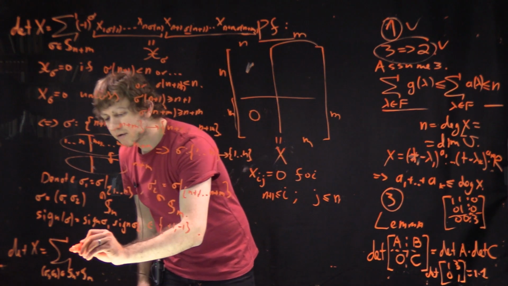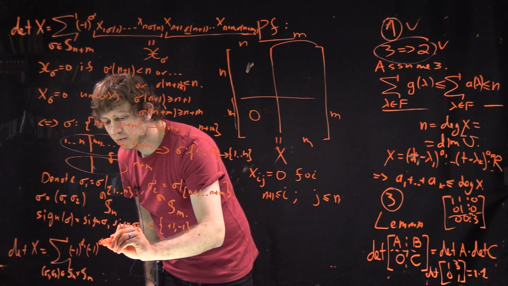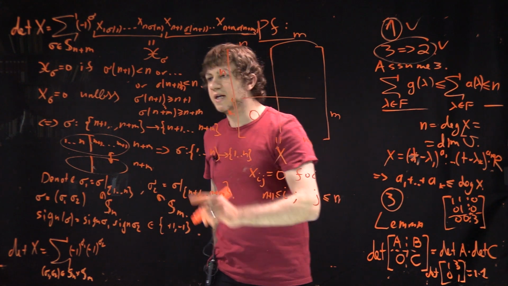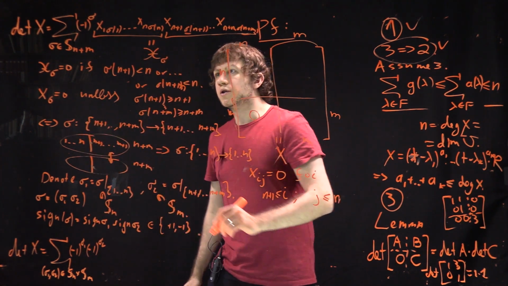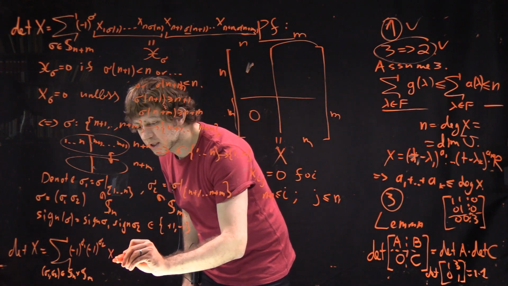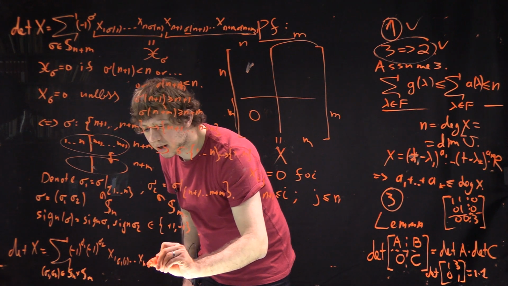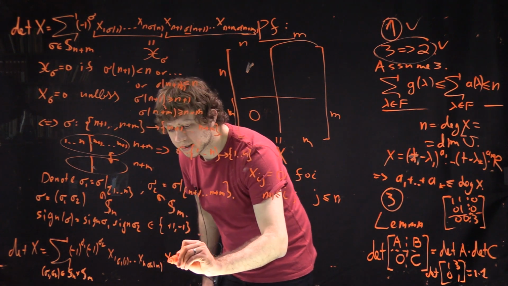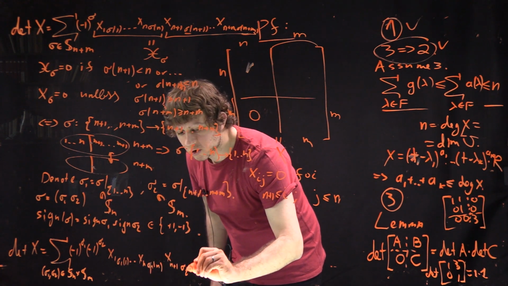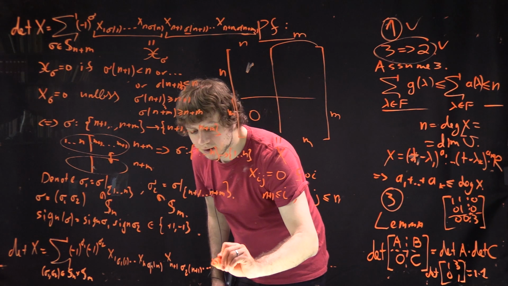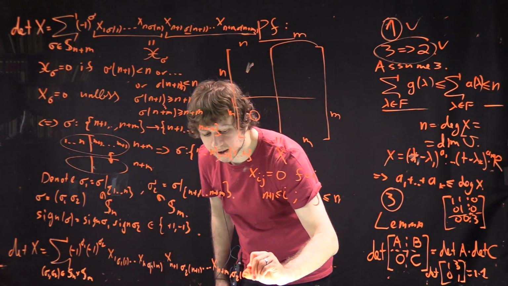Then there is minus 1 to the power sigma 1, minus 1 to the power sigma 2, and then the product of monomials. And we know that all monomials other than these coming from the sigmas vanish. So the monomials are x1 sigma 1 of 1 up to xn sigma 1 of n, times x n plus 1, sigma 2 of n plus 1, up to x n plus m, sigma 2 of n plus m.